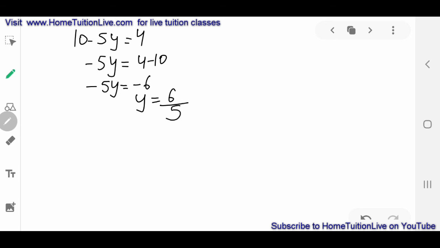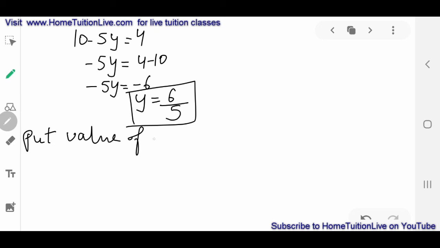From here, minus 5y is equal to 4 minus 10, that is minus 6, and y is equal to 6 by 5. Okay, now put this value of y in third equation.